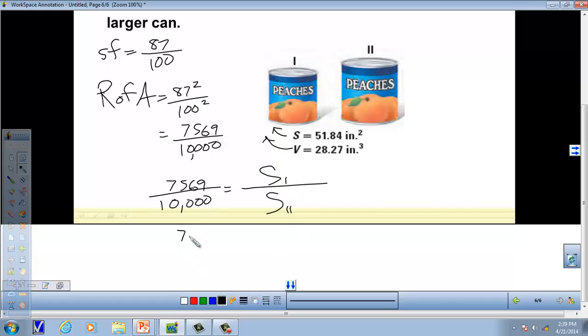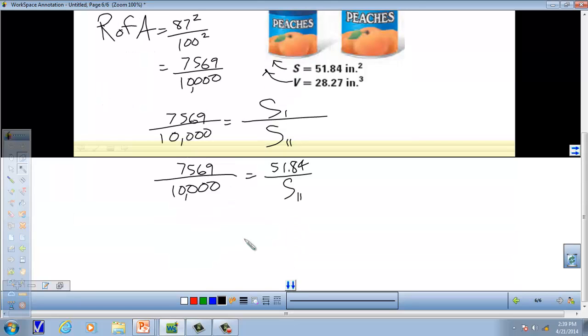So in this case it would be 7,569 over 10,000, and the surface area for the smaller one is 51.84, and we'll just call this surface area for number 2. If we cross multiply, we get 7,569 times S2.